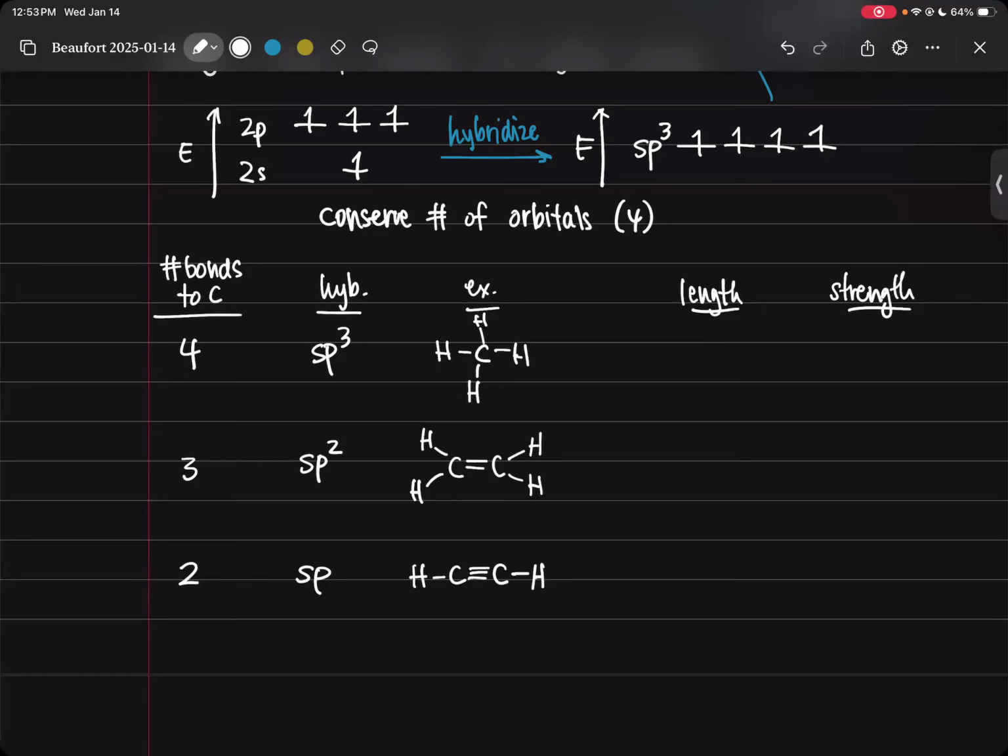So comparing an sp orbital to an sp3 orbital, this sp3 orbital has a lot more p character, and so generally the electrons are further from the nucleus than in an sp orbital. If electrons are further from the nucleus, that probably means that the bonds themselves are going to be longer.